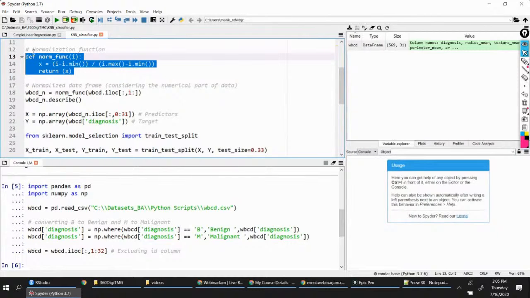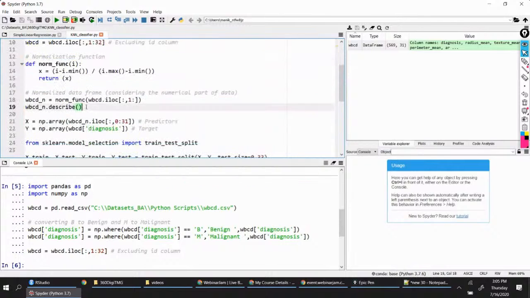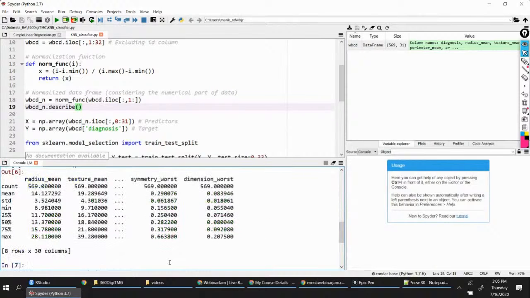For example, let me use the describe function here. I'll say WBCD dot describe. Count is the same, minimum is varying, maximum is varying. Minimum has a different value, maximum is a different value for each and every column.